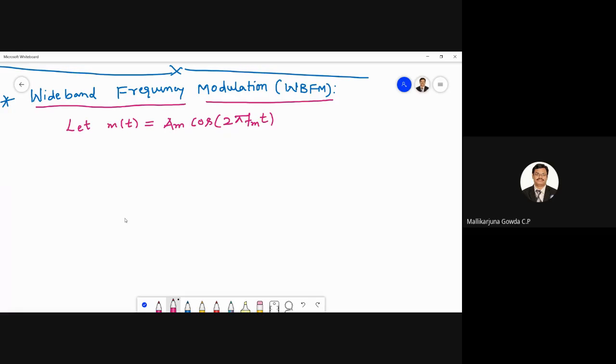When this is the message signal, what is the expression for FM signal? Yes, quickly you should tell. What is the expression I can write for FM?